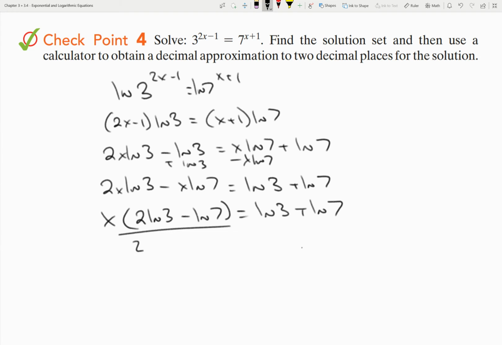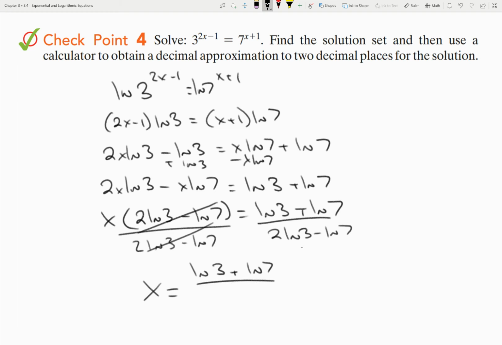Finally, because this is just a decimal, it can be divided out and canceled. And so x is equal to the natural log of 3 plus the natural log of 7 over 2 natural log 3 minus the natural log of 7. Please don't think you can cancel the 7s because that is not the way fractions work.